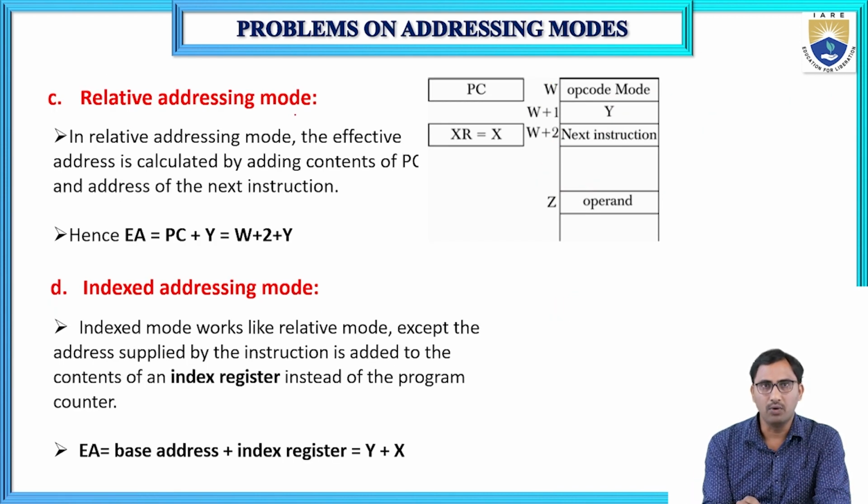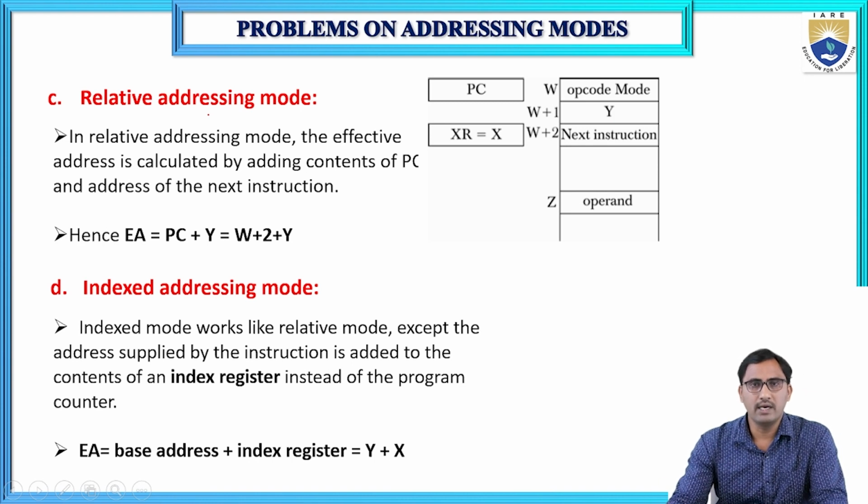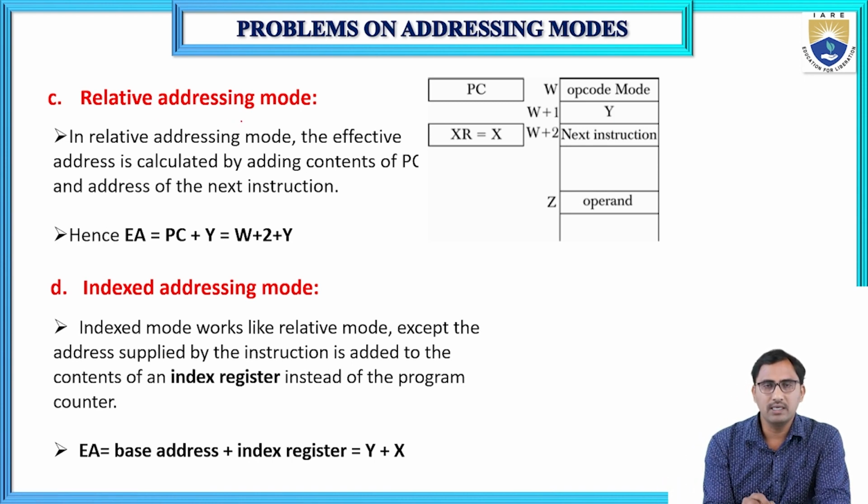Next, relative addressing mode. We have already seen relative addressing mode. In relative addressing mode, the effective address is calculated by adding the contents of the program counter and the address specified in the instruction itself. The program counter holds the address of the next instruction. What is the address of the next instruction here? W plus 2.